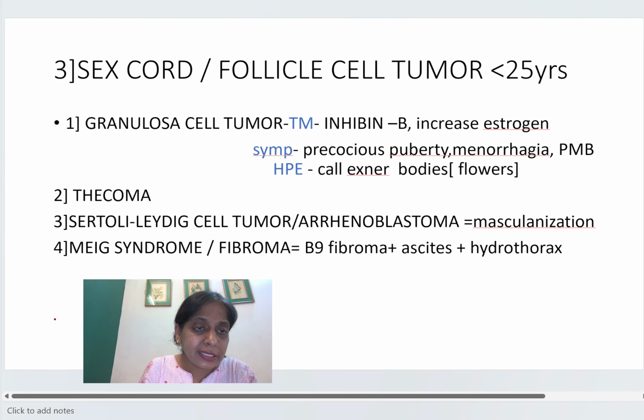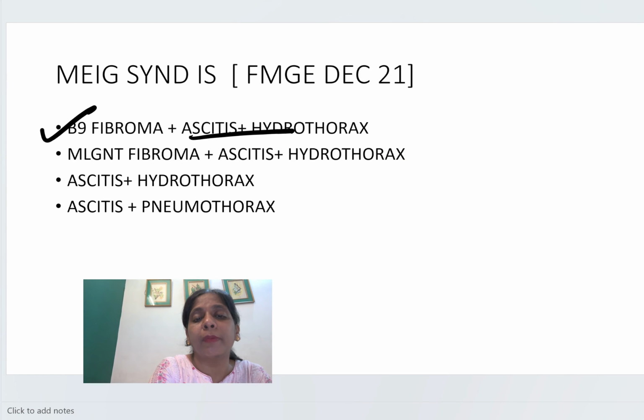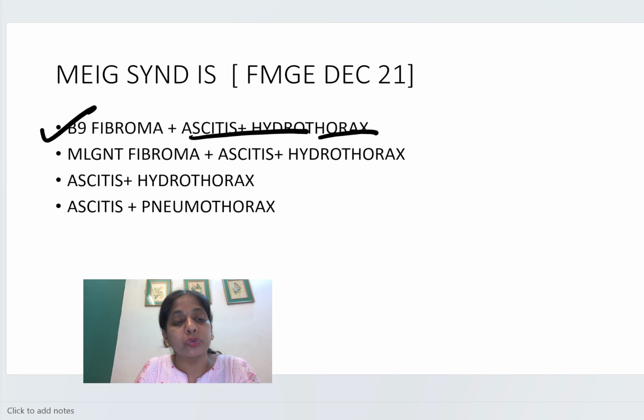Okay, so this was a question of FMG December 21. So it is benign fibroma plus ascites and hydrothorax. We have not got a question on pseudo-Meigs syndrome, but it can come that pseudo-Meigs syndrome is associated most commonly with Brenner's tumor.